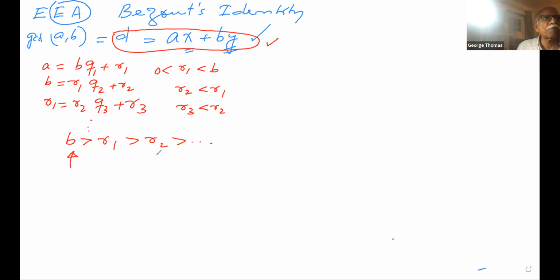And therefore it must end. Including 0, we have only B minus 1. Yes, sir. So there are at most B minus 1 steps in this algorithm. So that shows that the Euclidean algorithm after a while ends.